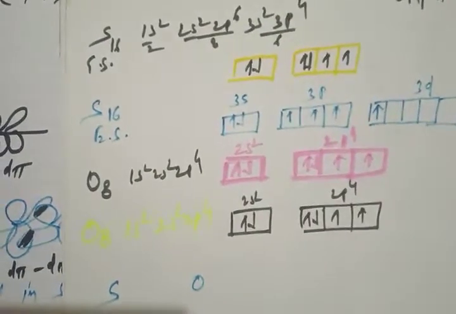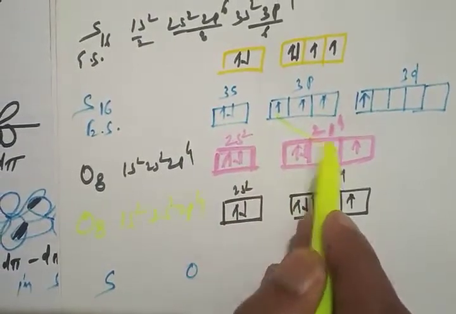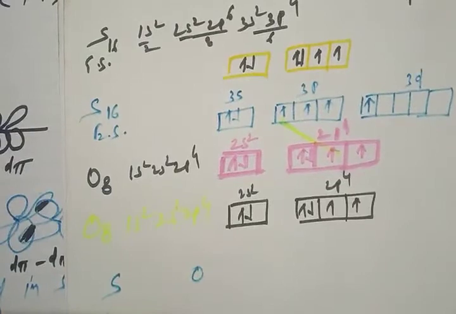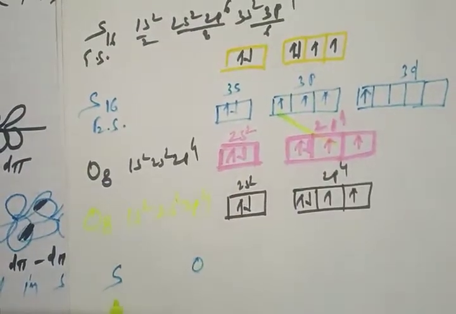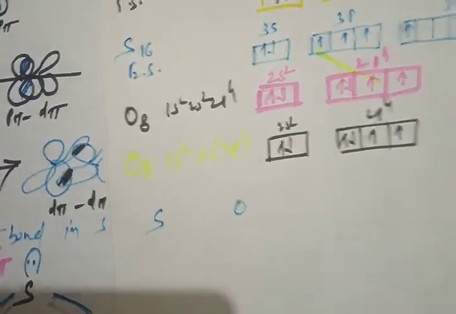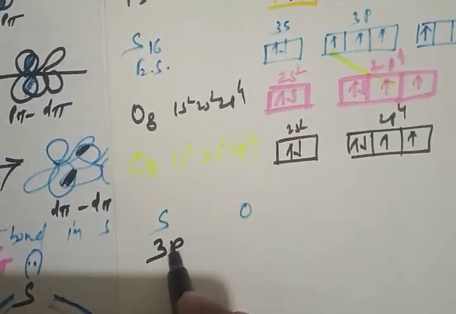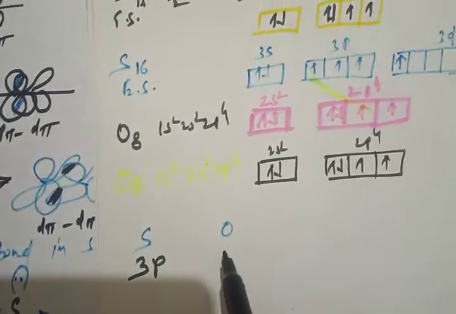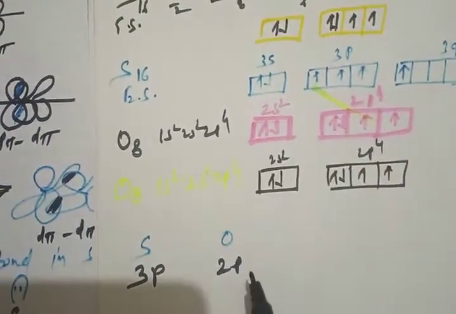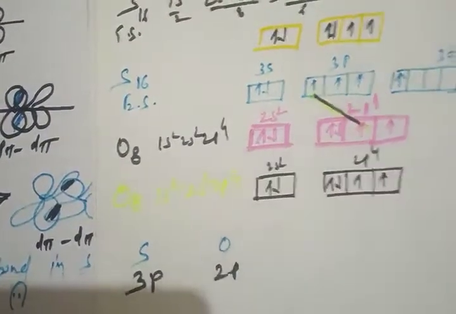Okay, so the sigma bond is formed by the 3p of sulfur and the 2p of oxygen. This is the sigma bond.